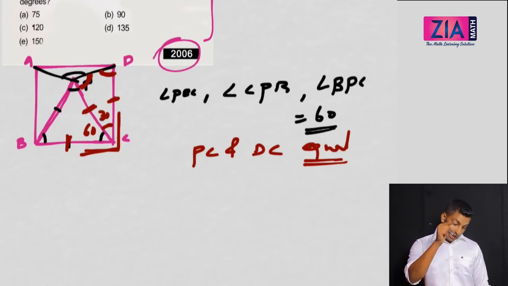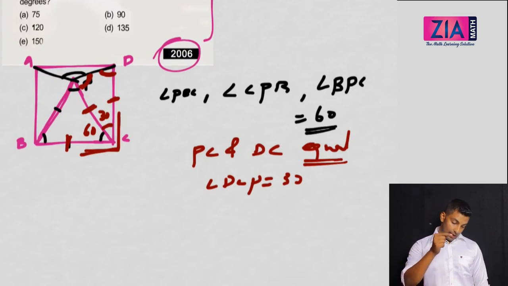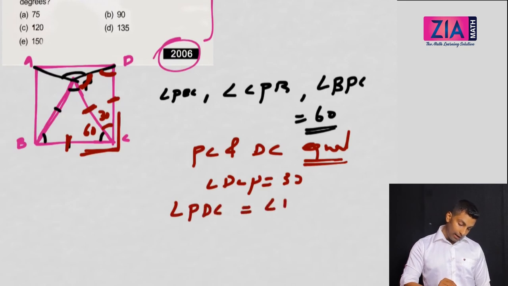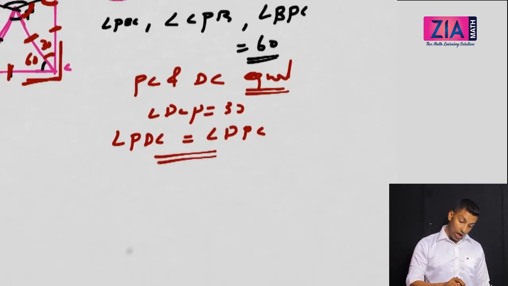So once you know angle DCP, okay, angle DCP is equal to 30. Now PDC and DPC is going to be very easy. Angle PDC equal to angle DPC. The reason is both sides are equal, so opposite angles will be equal.